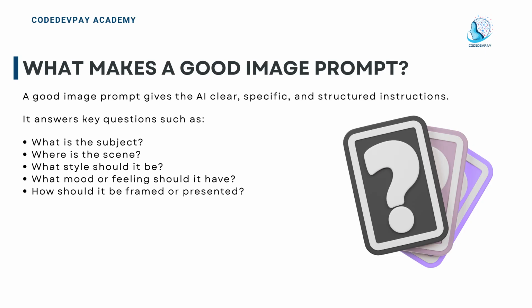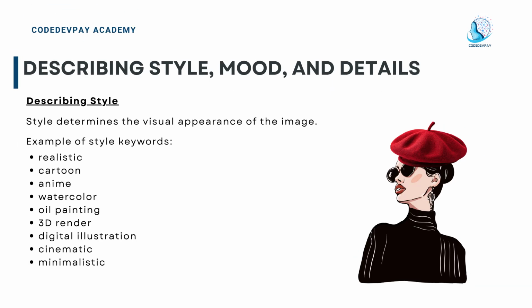Such a prompt will answer key questions such as what the subject is, where the scene is, what style it should be, what mood or feeling it should have, and how it should be framed or presented. We talked about style, mood, and all that in our previous lesson.